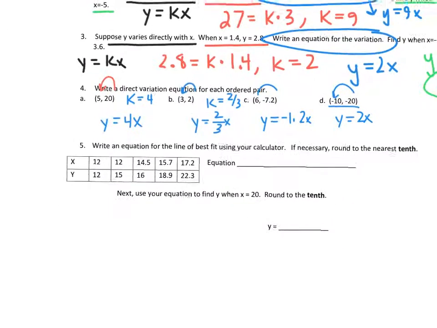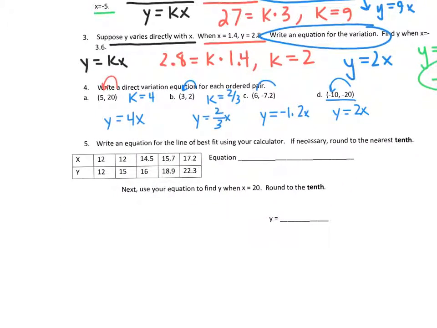Okay, number 5, write an equation for the line of best fit, rounding to the nearest tenth. So we're going to round each of them to the nearest tenth. What you need to do is put the x values in your L1 and your y values in your L2. You get that by pressing the stat button, then edit.